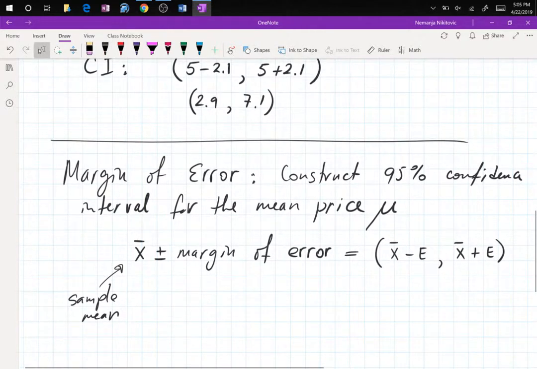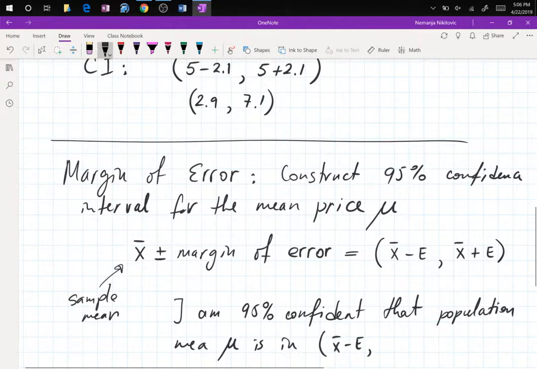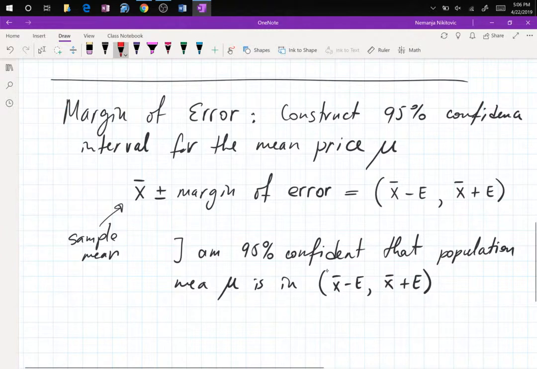So now we can say, because I use 95%, I am 95% confident that the population mean mu is in x bar minus e, x bar plus e. So your answer, starting right next section, will be something like that.